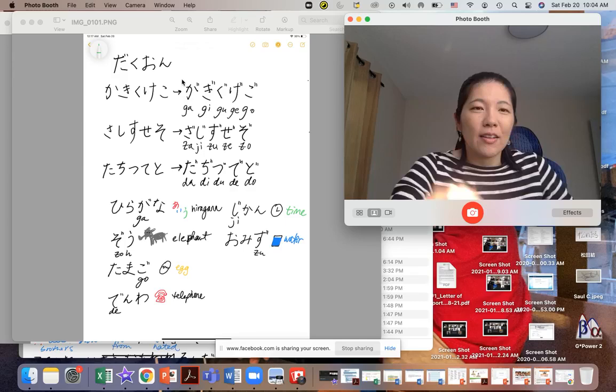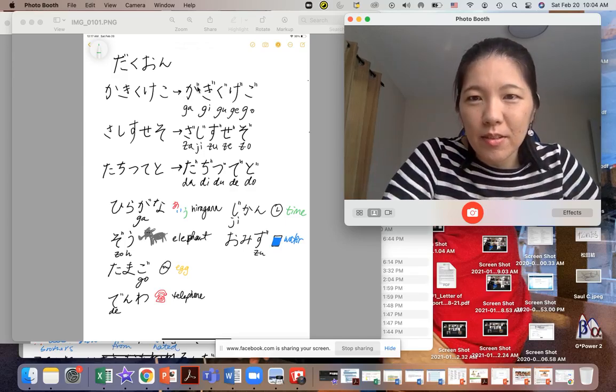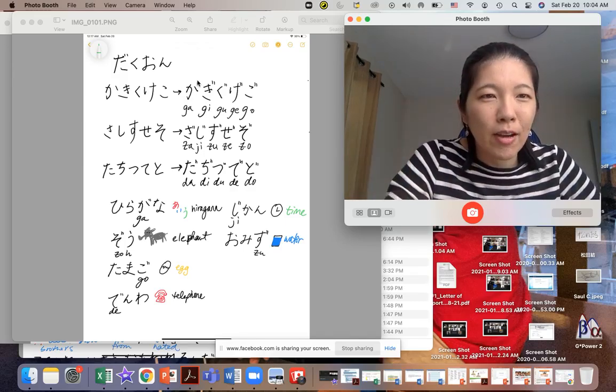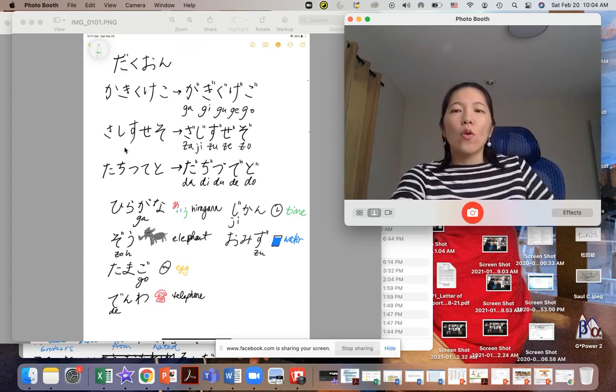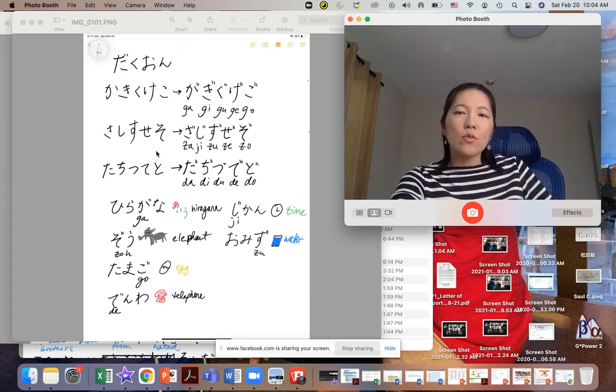I call it tenten. This ten is like a dot in Japanese, even though it's not exactly a dot, but we put these two little things. Sashisuseso becomes zajizuzezo, right?